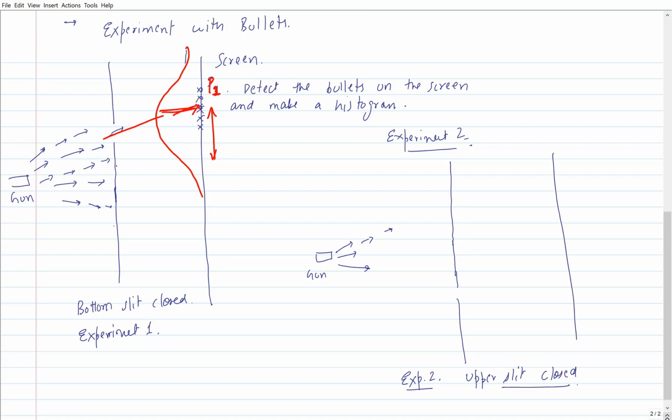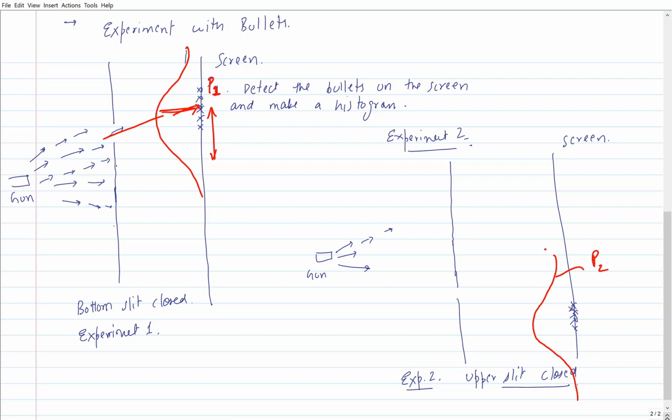And again I have a screen to receive my bullets. And as you can guess, once I collect the bullets, click, click, click, I make a histogram and I get the probability distribution. There's a sort of a symmetry. It's just going to be another probability distribution P2 peaked at a particular point over here. So this is P1 and P2.